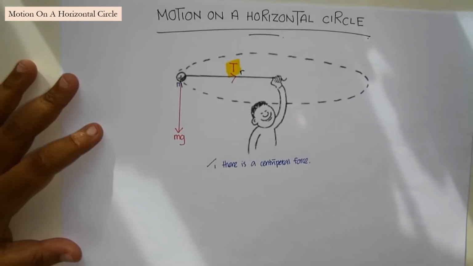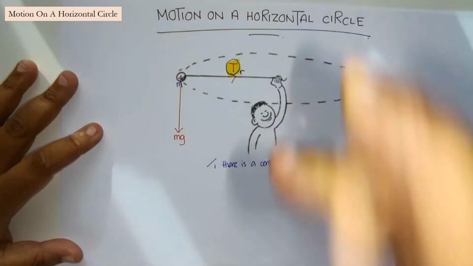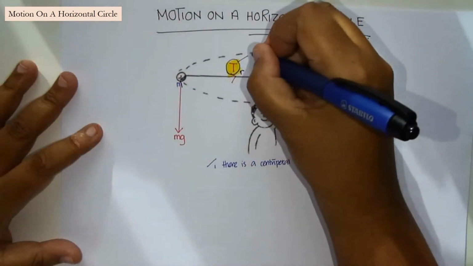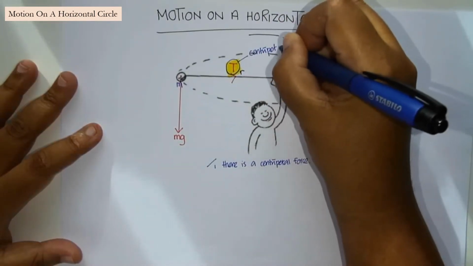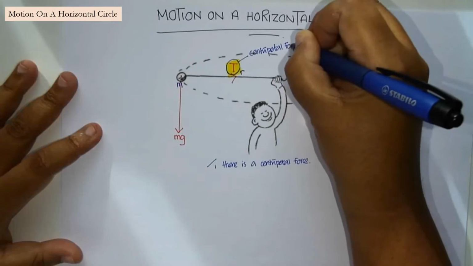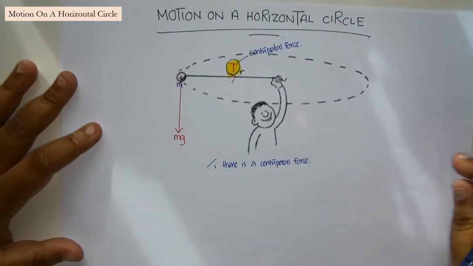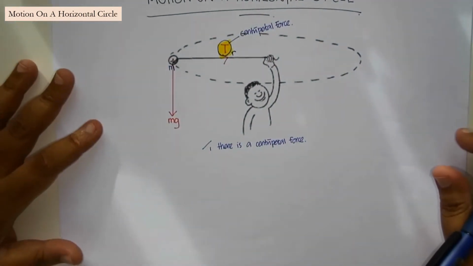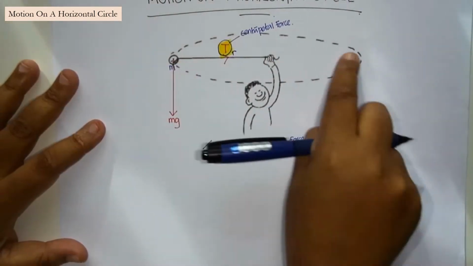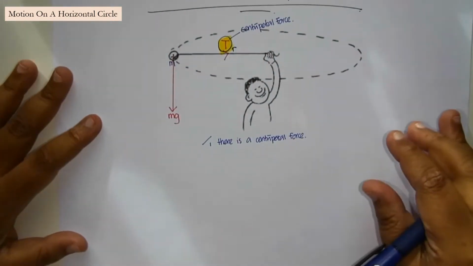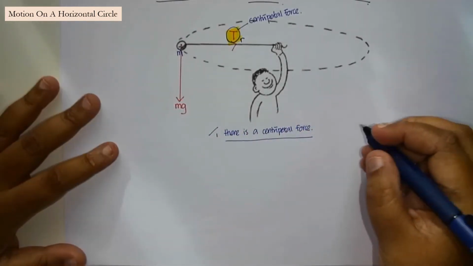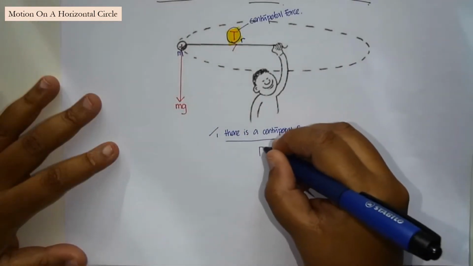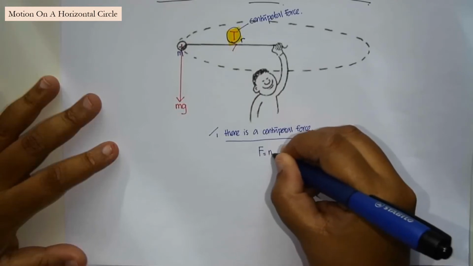So tension becomes the centripetal force in this example, because it's towards the center of the circular motion. And then we know that the resultant force, the centripetal force, F equals ma.